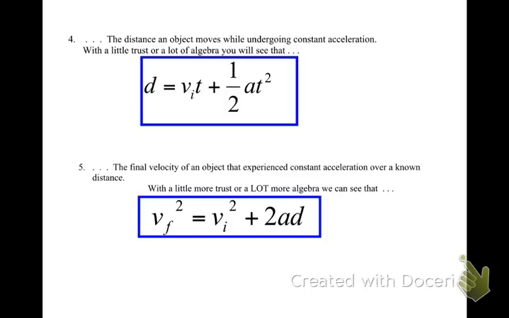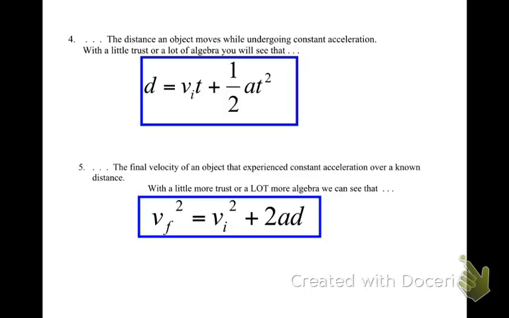Taking a look at the distance an object moves while undergoing a constant acceleration. Basically, I'm not going to show you the algebra behind solving for this particular equation because there's a lot. So you're going to have to trust me on this, that our distance, or our displacement, is equal to our initial velocity times time plus 1/2 our acceleration times time squared.